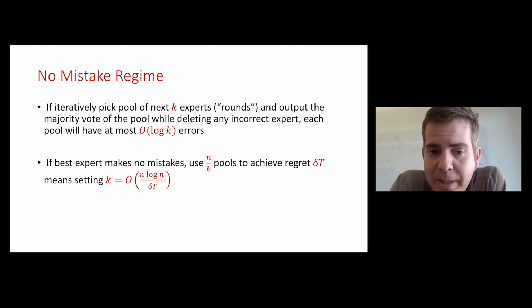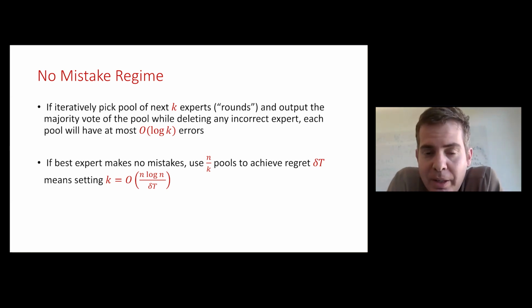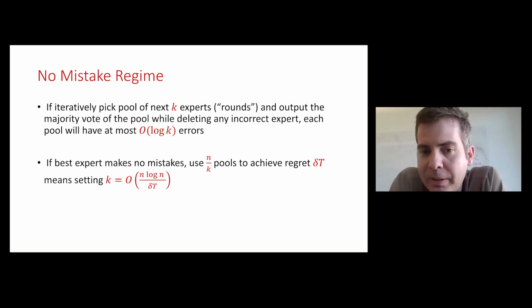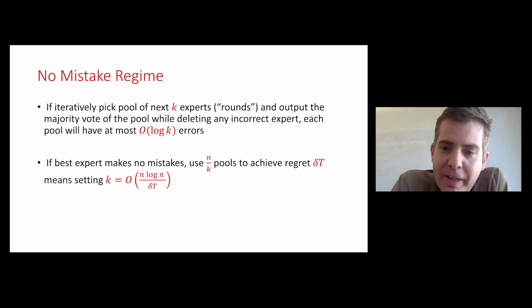Okay, so in the second bullet, you're going to use n over k pools. With n over k pools, you want to achieve regret delta t. And so just solving for k says that the pool size k, the number of experts, needs to be roughly n over delta t.